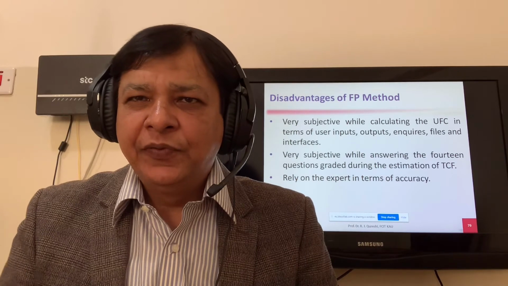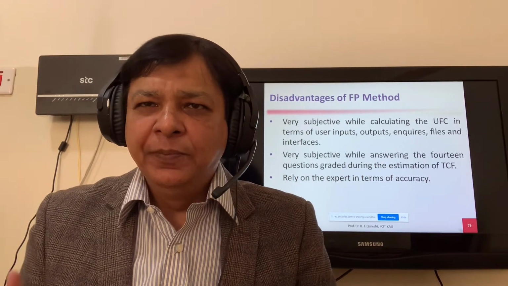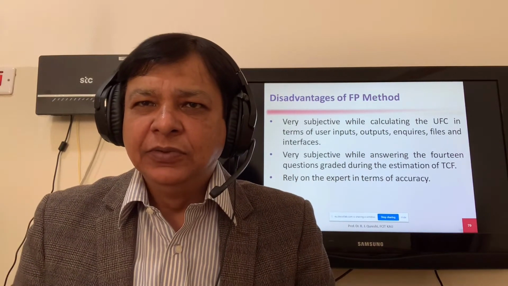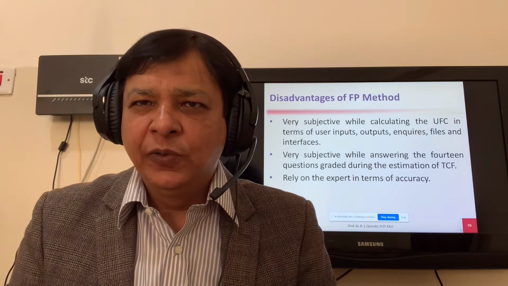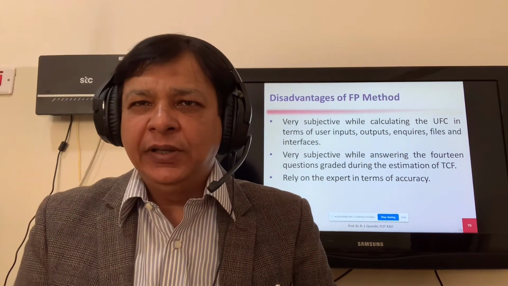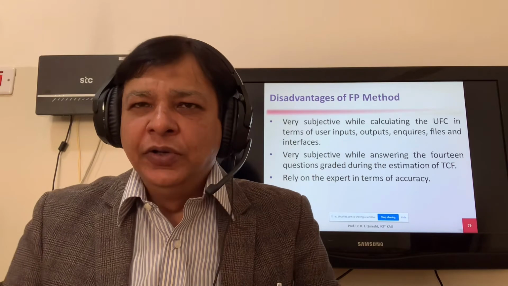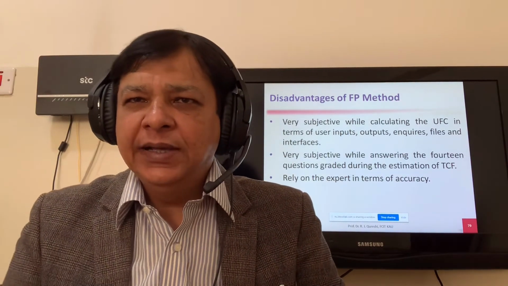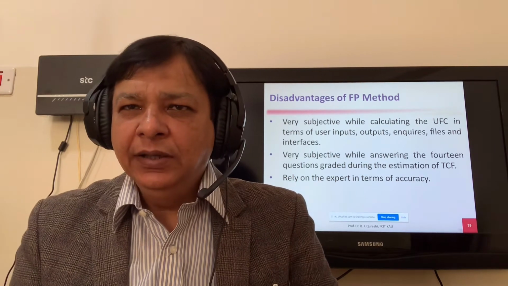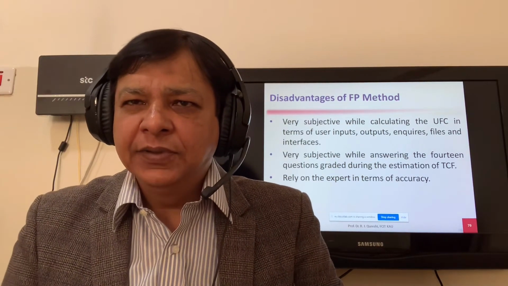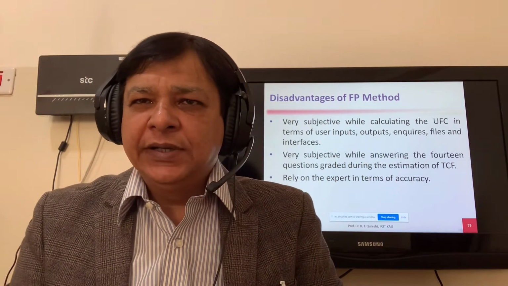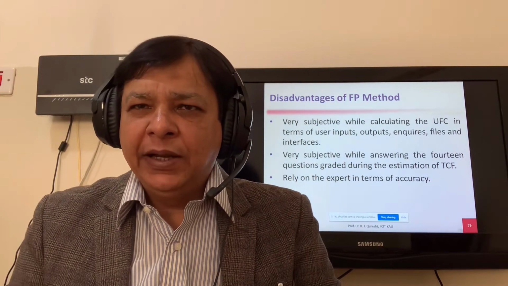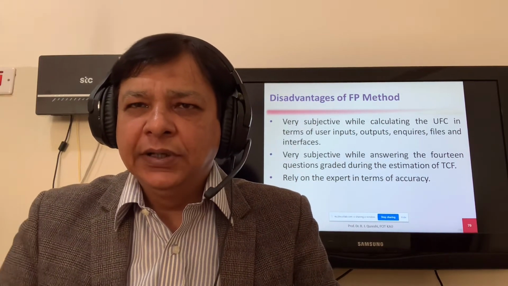For example, performance critical: how much backup and recovery do you need, and how frequently? From project to project, like a banking system, you need daily backup, sometimes 2 or 3 times per day. But if it is a tender system, you may have backup once a month or after 2 weeks.